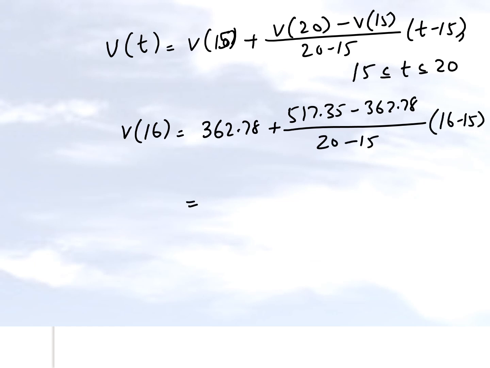And this number here turns out to be equal to 393.69 meters per second. So now we have the velocity at all the points needed in order to find the approximate value of the distance covered from 11 to 16 seconds.